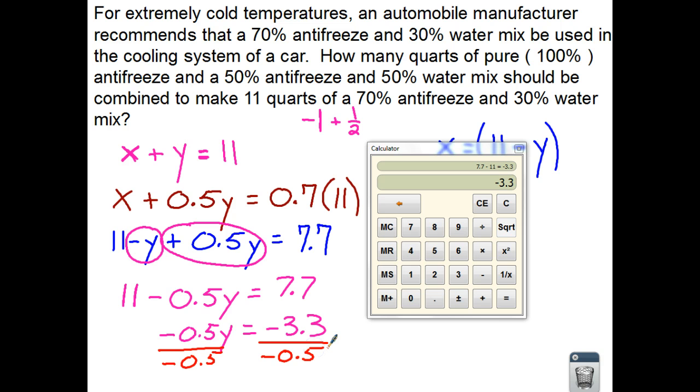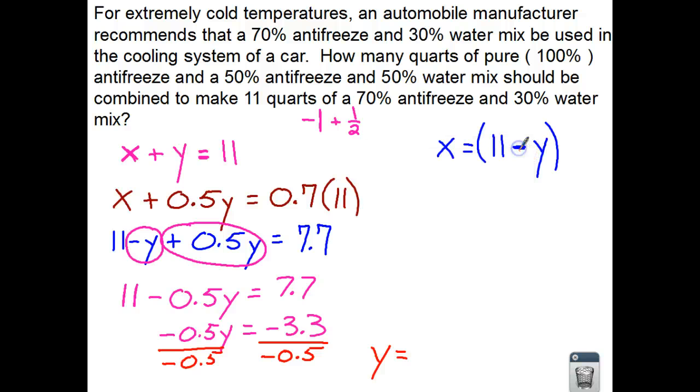And let's figure out what y is going to be. So we have negative divided by negative is a positive, so we can go 3.3 divided by 0.5. That's going to give us a positive 6 and 6/10. All right.